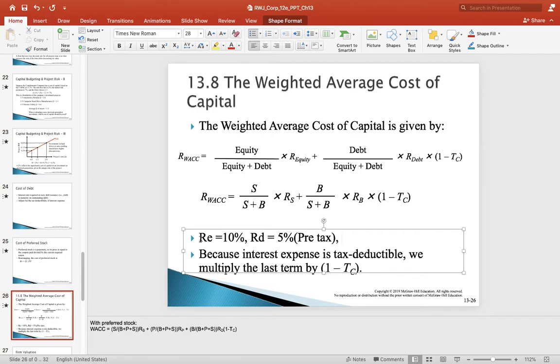Similarly, the tax rate is equal to 40%.